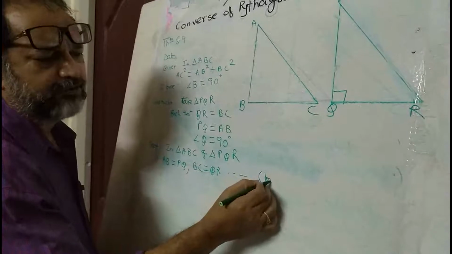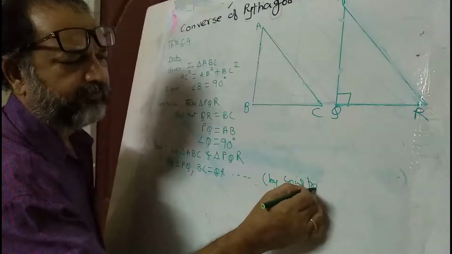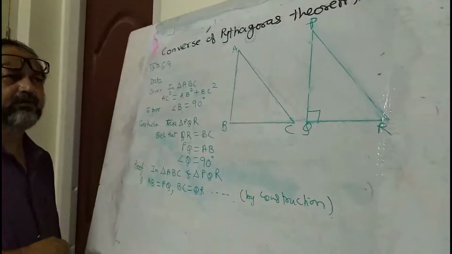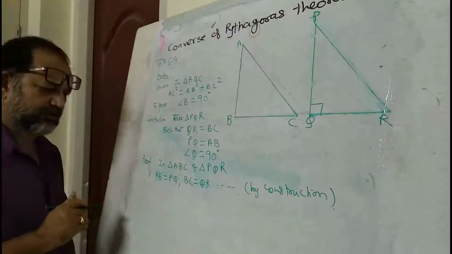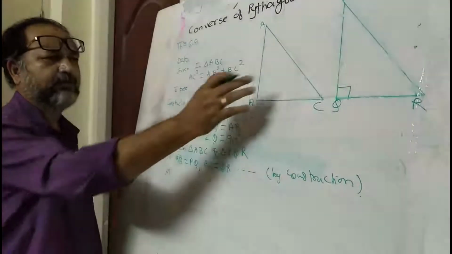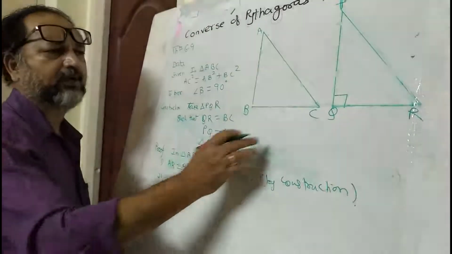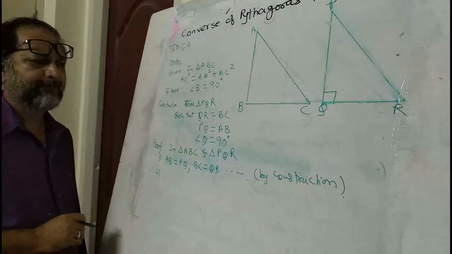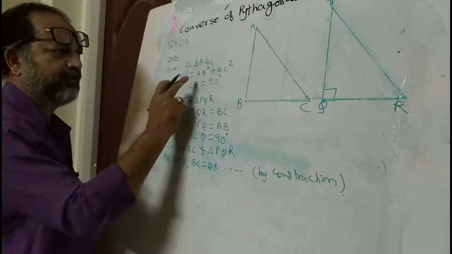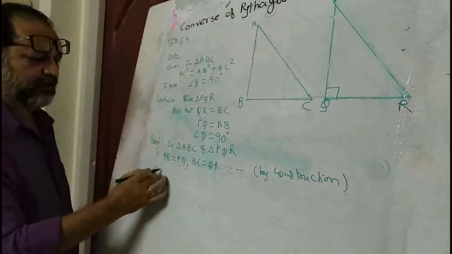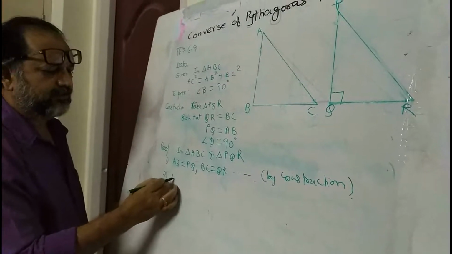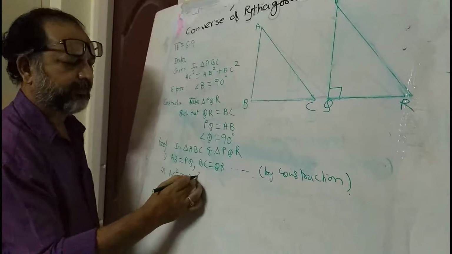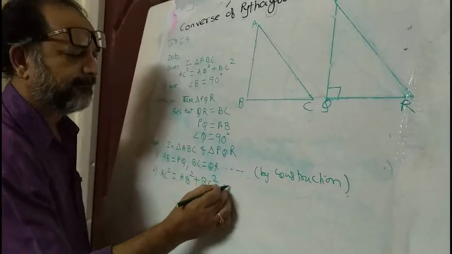This is given by construction, or if they give it, you may write given. So this triangle is constructed in such a way that AB equal to PQ, BC equal to QR. So these two are equal by construction. Now we know that you are given a property for this triangle that AC square is equal to AB square plus BC square. This is given.